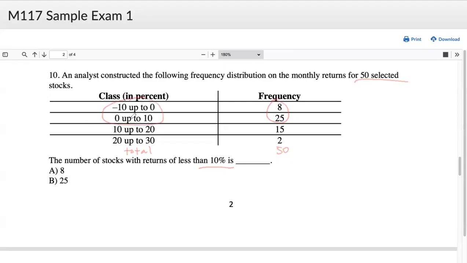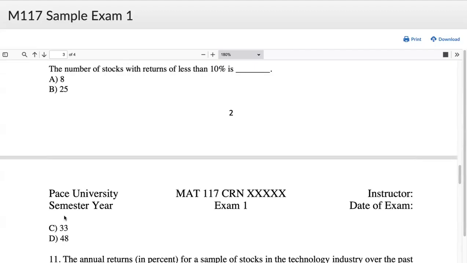Negative 10 up to 0, 0 up to 10, less than 10, so including those two categories. So 8 plus 25, 33. The number of stocks is 33, right? Just count. It's not asking for proportion or percentages. So C, answer C.